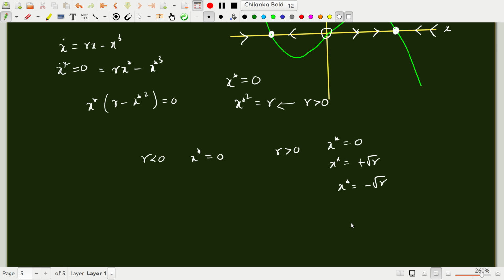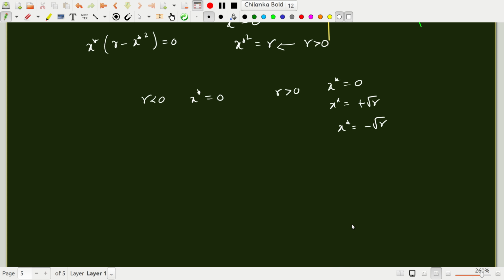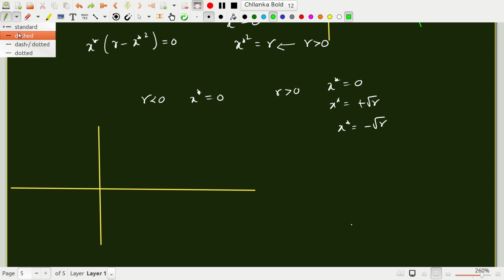Now, two new solutions emerge as you vary the bifurcation parameter in supercritical pitchfork bifurcation. So let's draw the bifurcation diagram. What you will have is a stable branch, which is x star is 0.